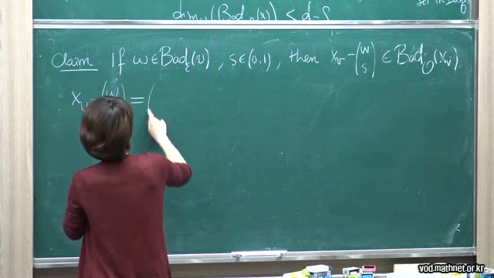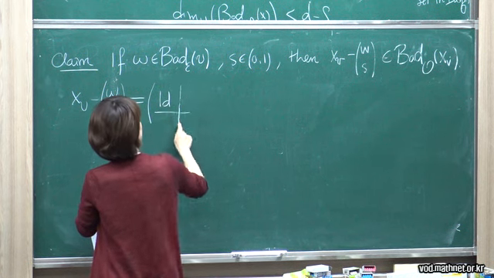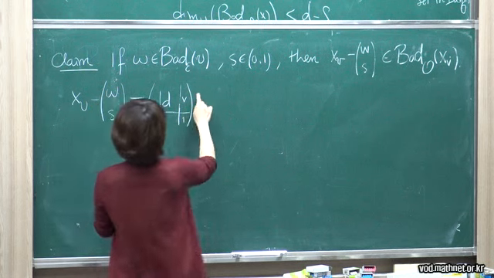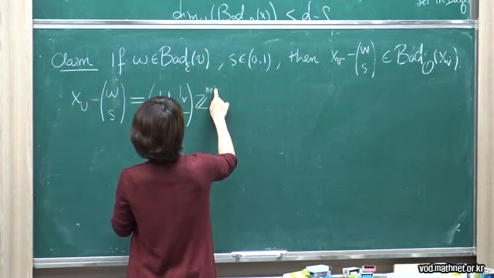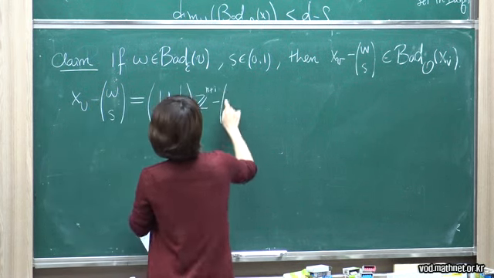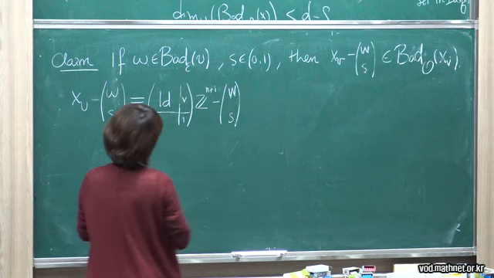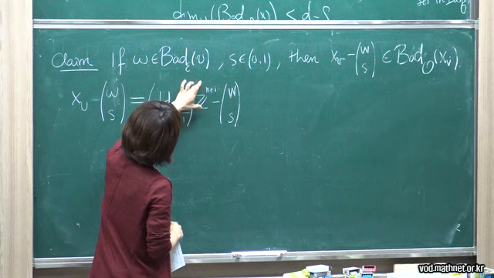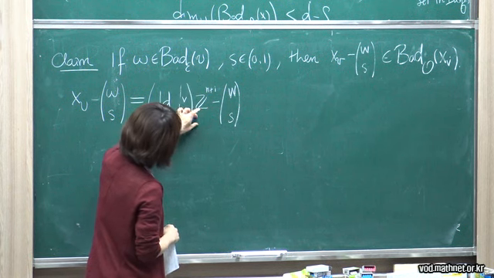X_V was the standard lattice, except that we had V in the last column, right? And Z^(n+1) minus (W, S). So let's think of a vector (M, K).